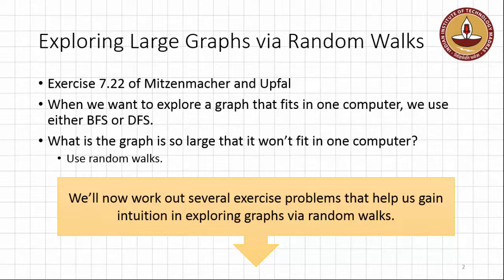So what we are going to do today is look at several problems based on chapter 7 of Mitzenmacher and Upfal, the textbook that we have been following so far. And we will explore these problems to gain a good intuition for how random walks work in exploring large graphs.